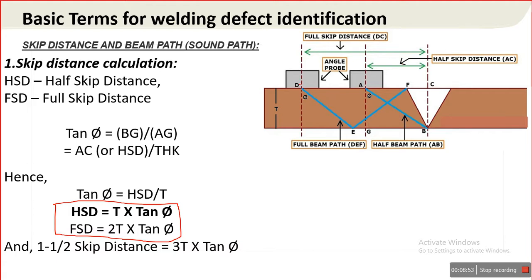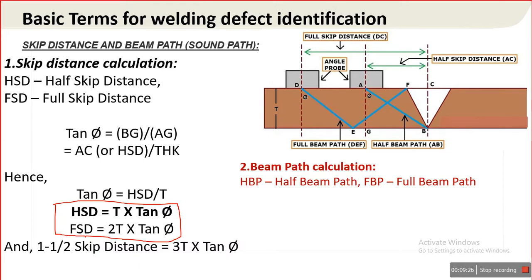Probe scanning starts here and probe scanning ends here. So we need to inspect this weld within the full skip distance. We need not inspect this weld beyond this full skip distance. So within this full skip distance we need to inspect this welding joint. So this is full skip distance and half skip distance.